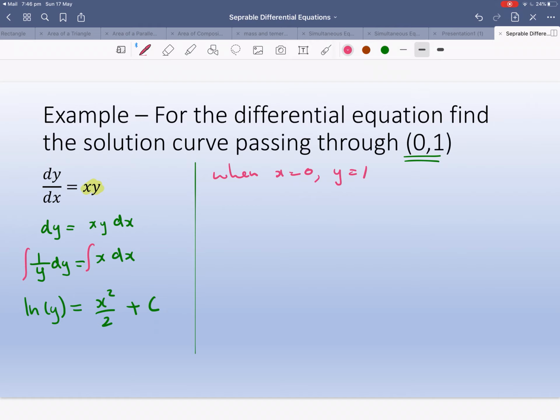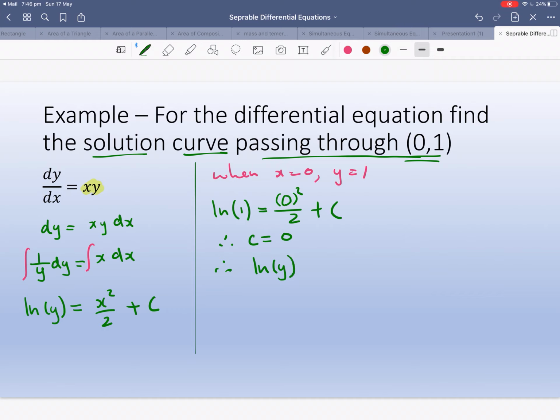And this is really convenient because log of 1 is just 0, and then this one is going to be 0 squared over 2 plus c. So therefore c equals 0. So we know that the solution curve passing through 0, 1 is simply log of y is equal to x squared over 2. And if I wanted to make it equal to 0, I can just move this over here and make it equal to 0.